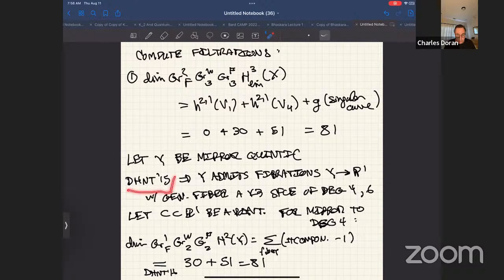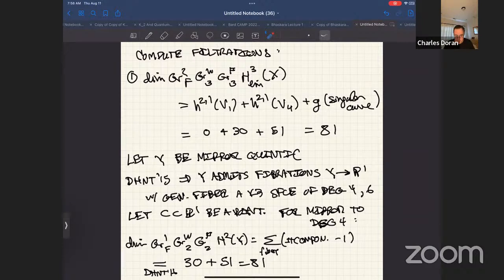Now, by a result in that big classification we did, the very useful big classification of M_N polarized K3 fibered Calabi-Yau threefolds, Y admits fibrations by both K3 surfaces, the K3 surface mirror to degree 4 and 6. So M2 and M3 is what I mean to say there.